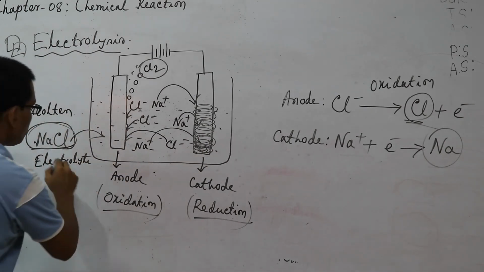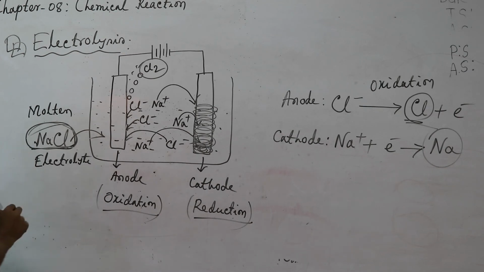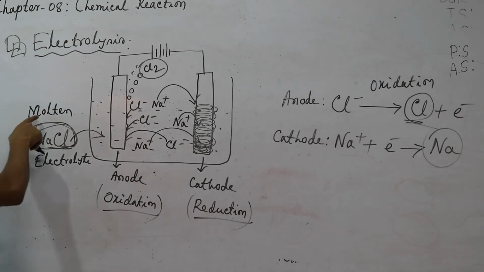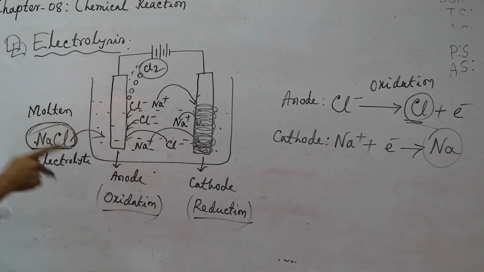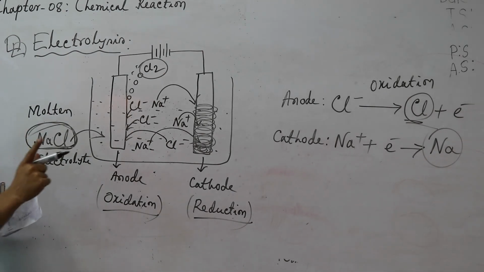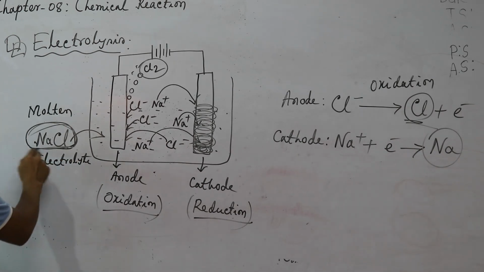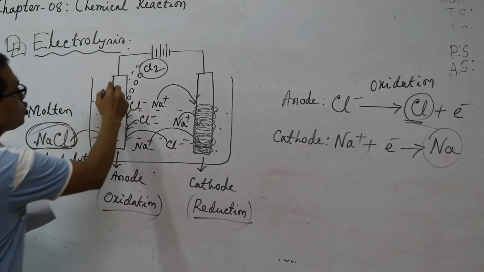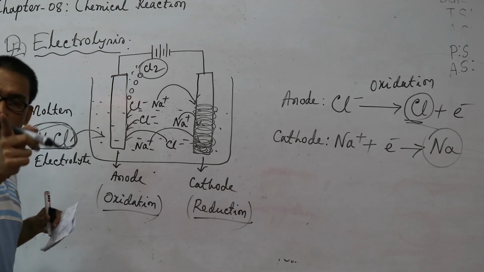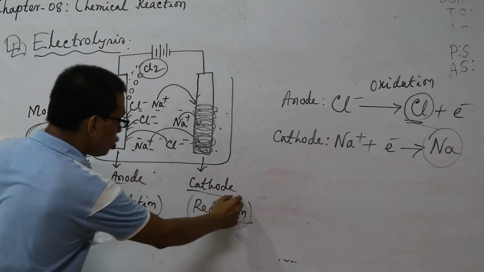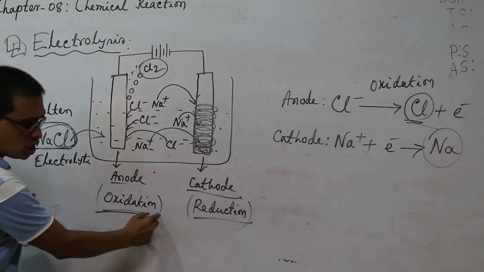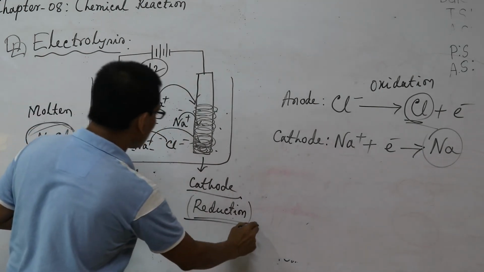Here sodium chloride is electrolyte, as it allows electricity to pass through its molten or dissolved state. The substance which does not allow electricity to pass in its molten and dissolved states is known as non-electrolyte. Two electrodes, that means electric conductors, anode and cathode. In anode oxidation takes place and in cathode reduction takes place.